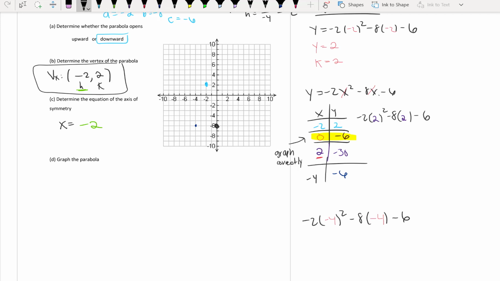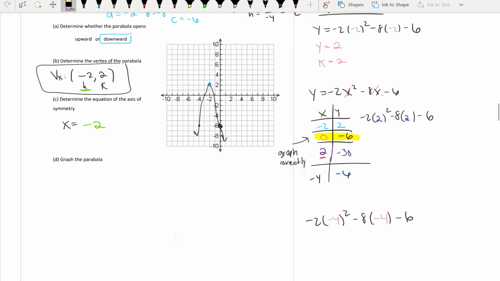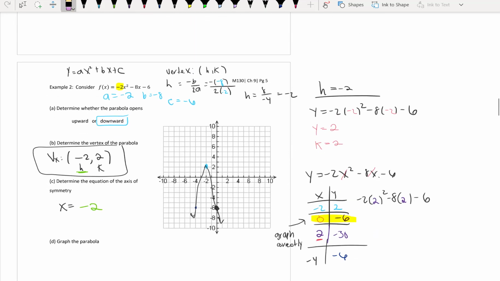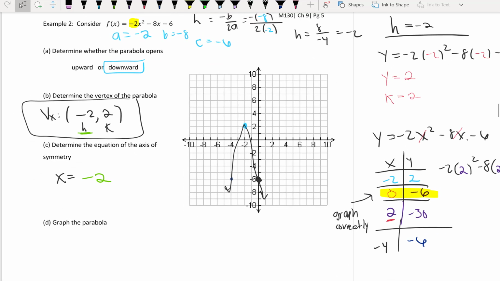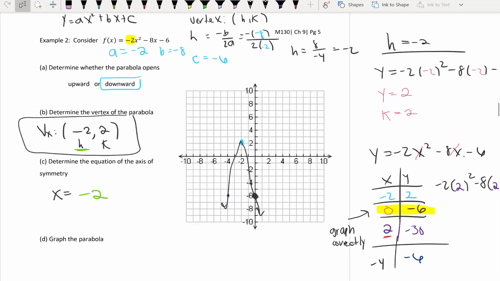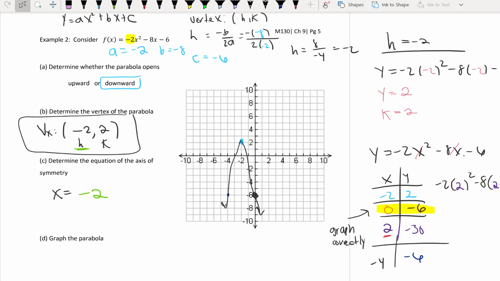So now I have my graph, more or less. So that's my graph, and I had to work a little bit for those points, and I had to make sure that I graphed the points correctly.